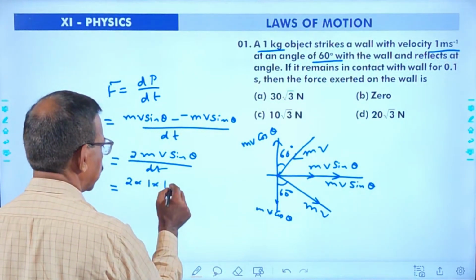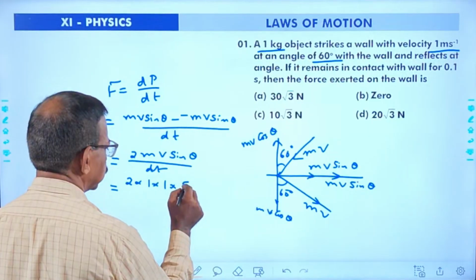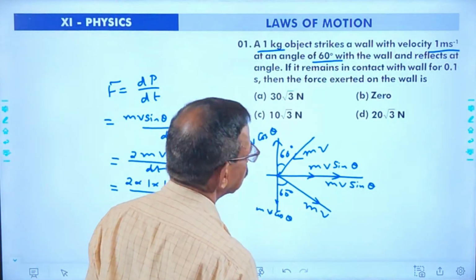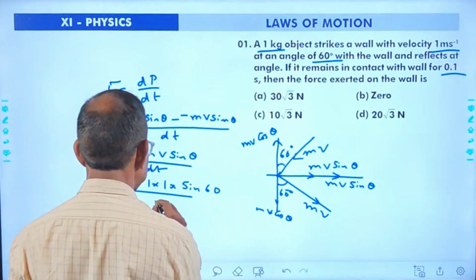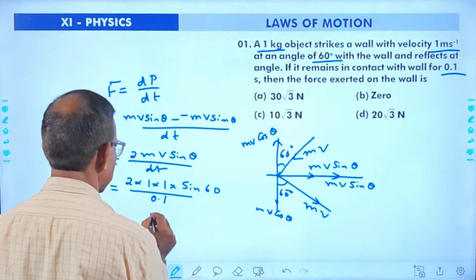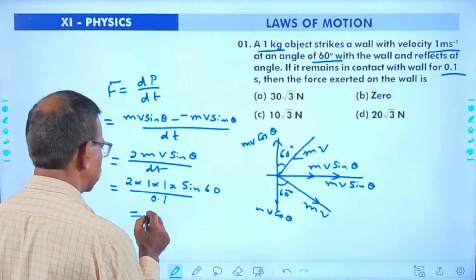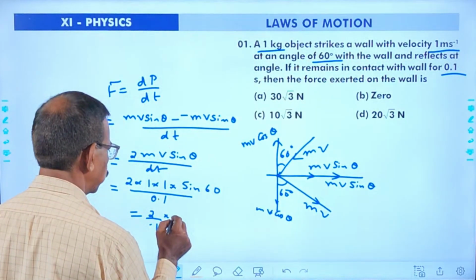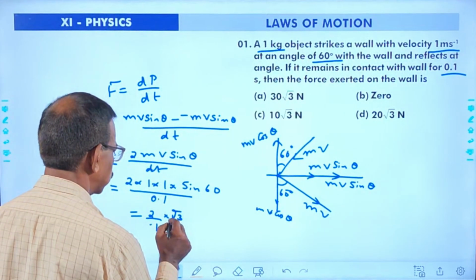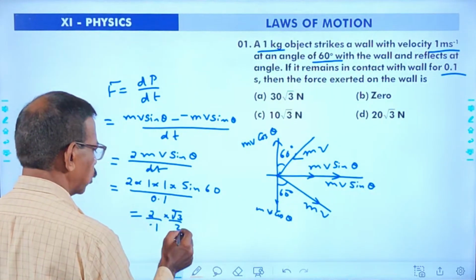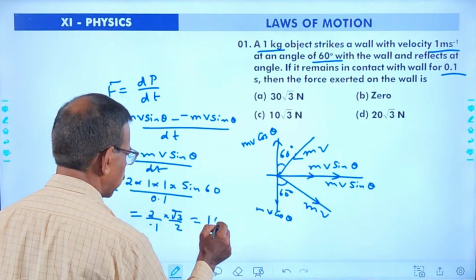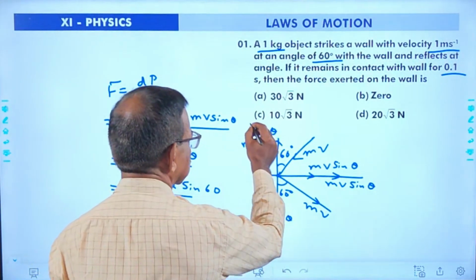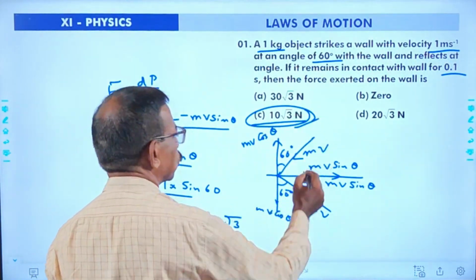Velocity is 1 meter per second and we have sin 60 divided by, during the time, 0.1 seconds. Hence, it will be like this, 2 by 0.1 into sin 60, it is root 3 by 2. 2 and 2 cancels, 1 by 0.1 is 10, the answer is 10 root 3. Here the answer is option C, it is 10 root 3.